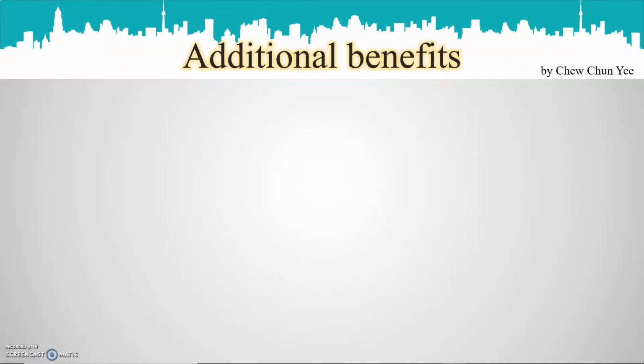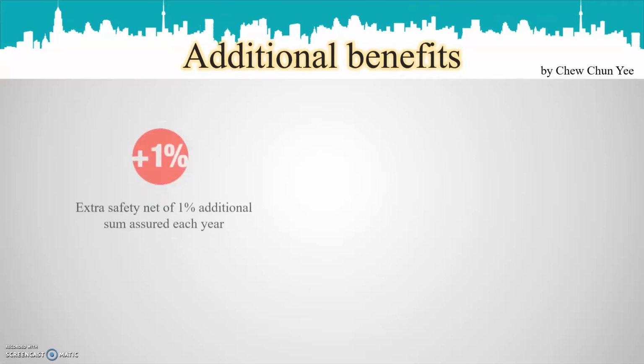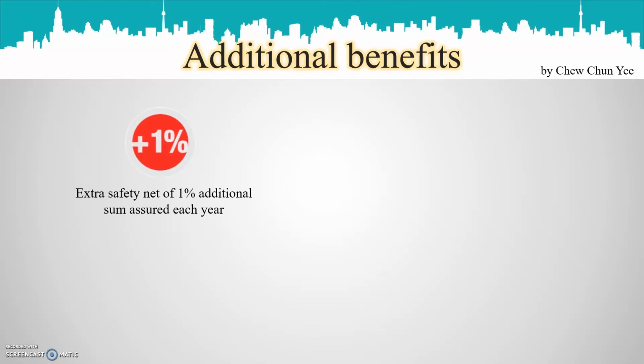I'm Chun Yee. Now I will proceed with the additional benefits. For additional benefits, an insured will get an additional sum assured of 1% of the basic sum assured upon every completed policy year, up to 30%. Not only that, this product lets the insured tailor their protection and investment level to suit their own needs and goals.